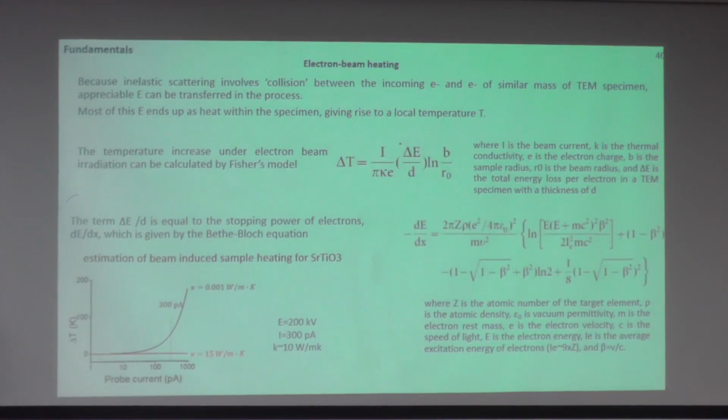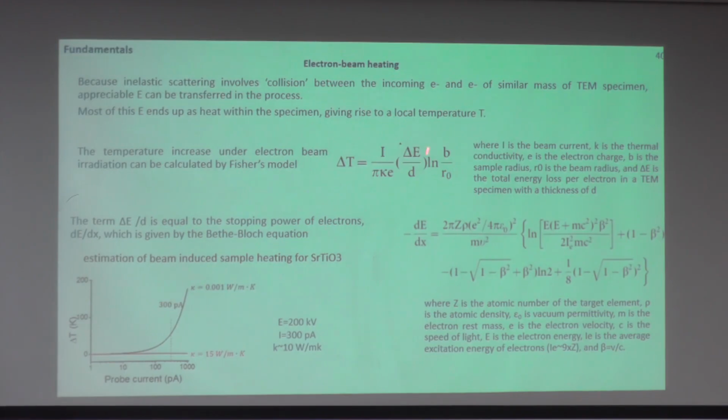Also there is electron beam heating. This effect is caused by inelastic scattering, which involves collision between the incoming electrons and the TEM specimen. The temperature heating in the TEM is described by Fisher models, and it is a function of beam current and also thermal conductivity of the specimen.